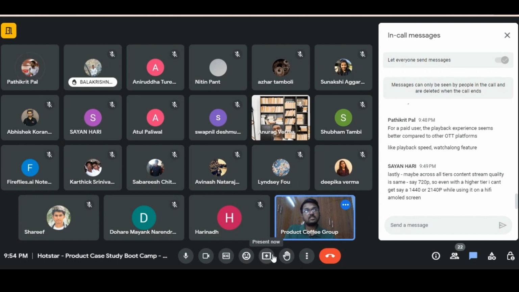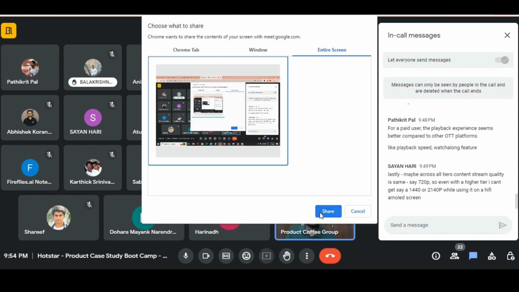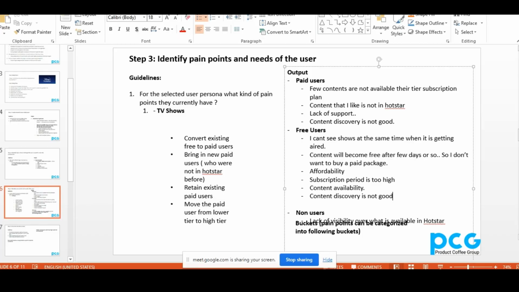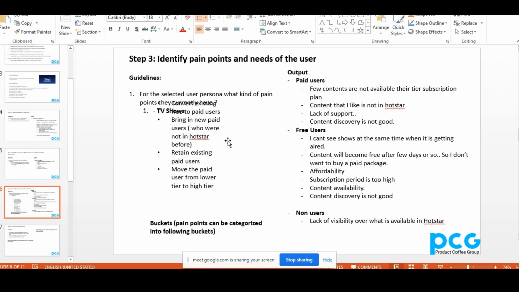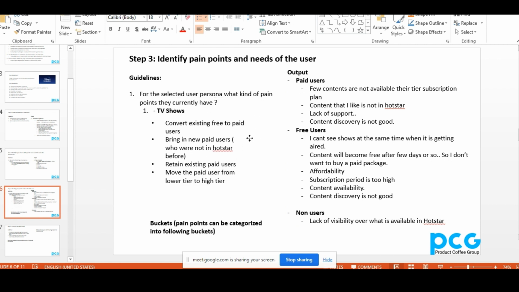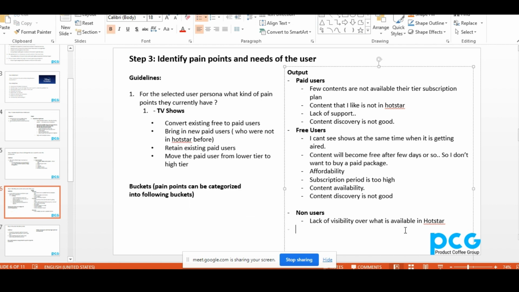Okay, so basically you're saying there is a feature that is not present in Hotstar but present somewhere else, because of which I don't want to become a paid user of Hotstar. So you're talking about non-users, right? Just a sec. Let me put the bucket point here.